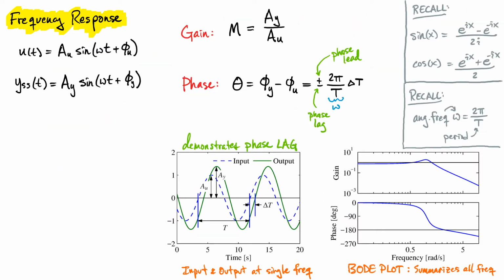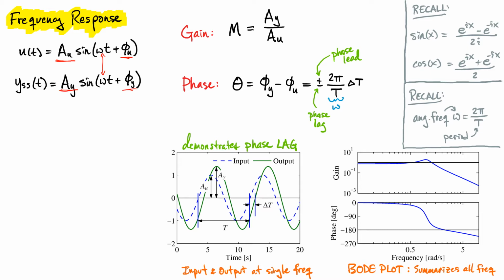Going back to sinusoidal notation, if we have a sinusoid with input amplitude a sub u and some shift phi u, then the output has the same frequency, so omega is going to be the same, but we could have different magnitude and different phase.